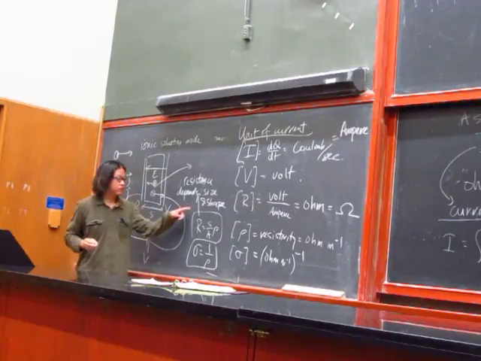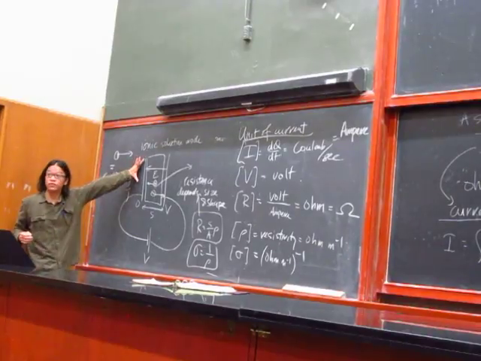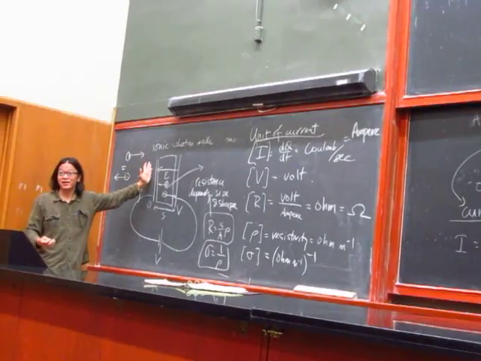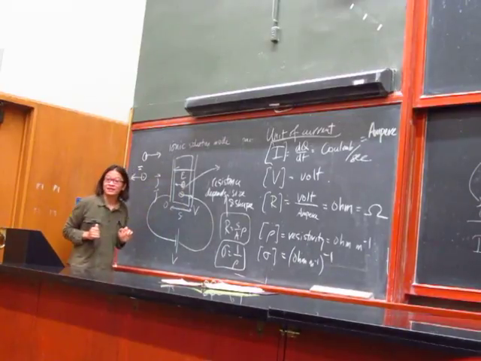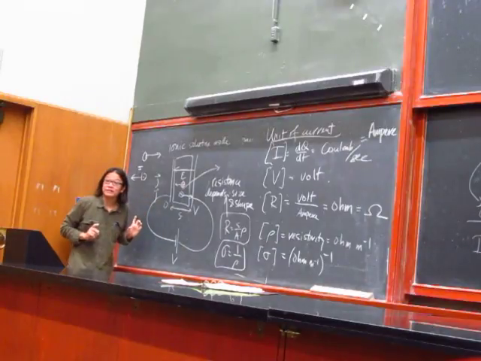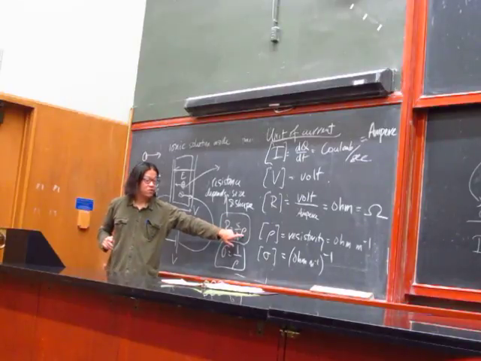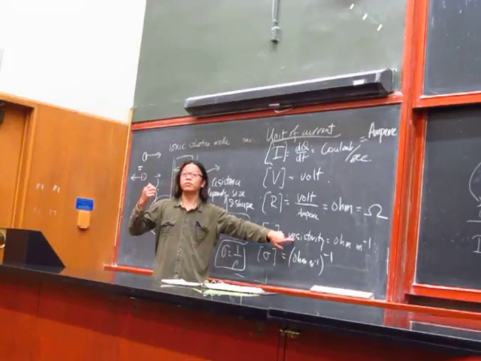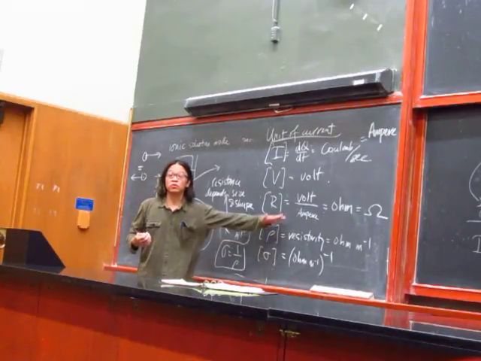As you see from this definition, in particular for this kind of geometry, the geometry that we always use for lecture, a parallel plate capacitor, you have a large slab of area A, and the separation between the plates is S. Then the resistance is S over A times rho. So resistance depends on the shape, but resistivity is independent of shape. It's a property of the material. So it's conductivity, depending on how you want to represent it.